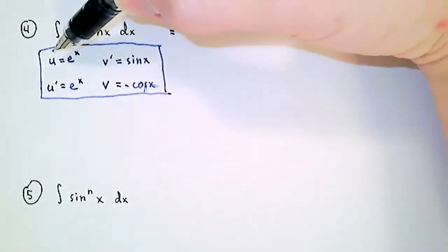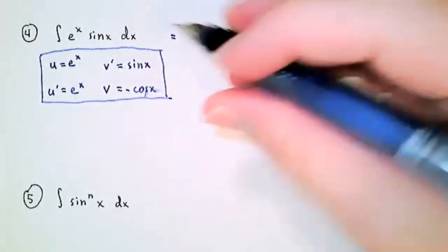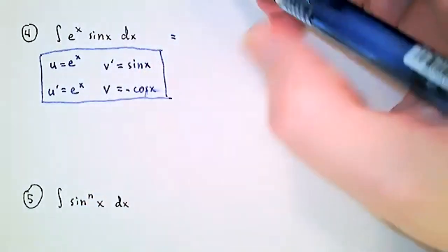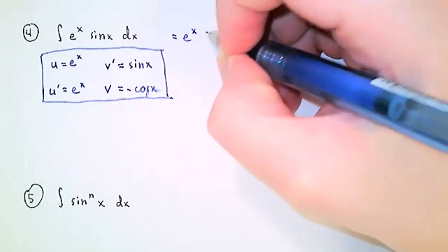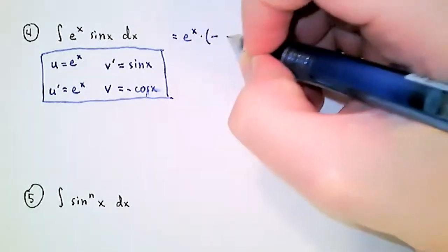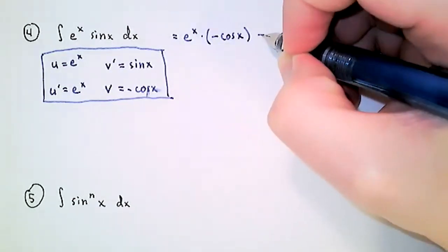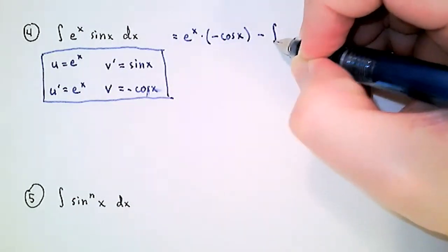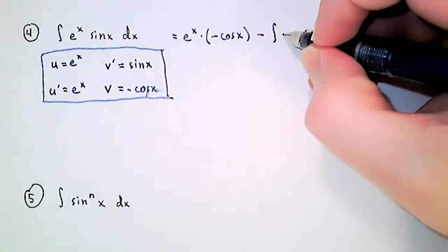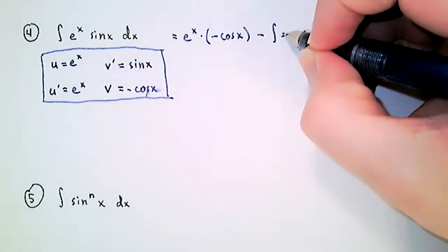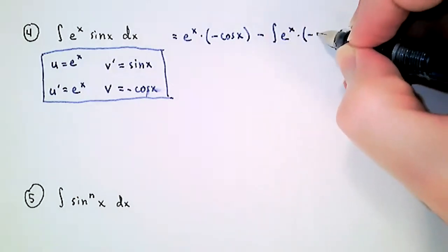So we need u times v. Remember, integration by parts. We have u times v. That's e to the x times minus cosine x. And we have minus the integral of u prime times v. So that'll be e to the x times minus cosine x.